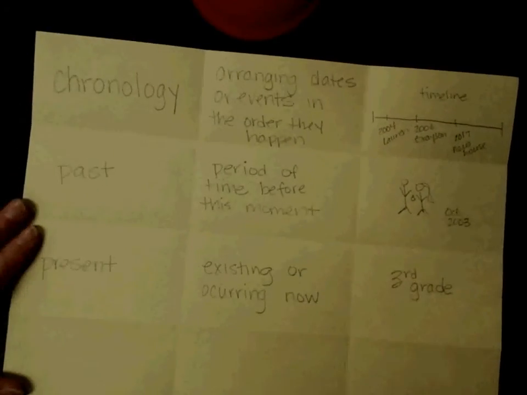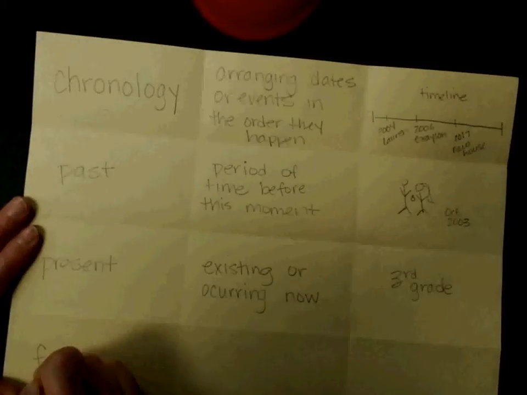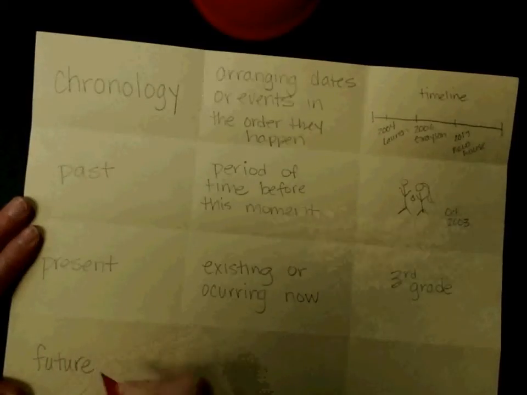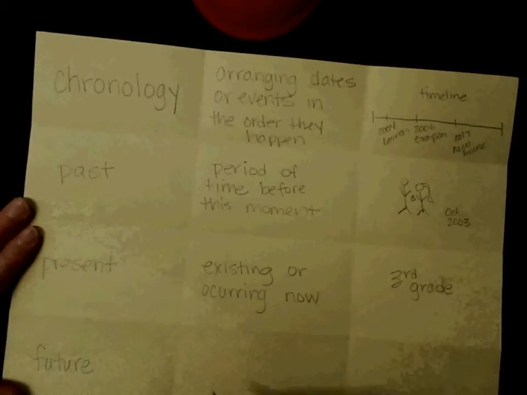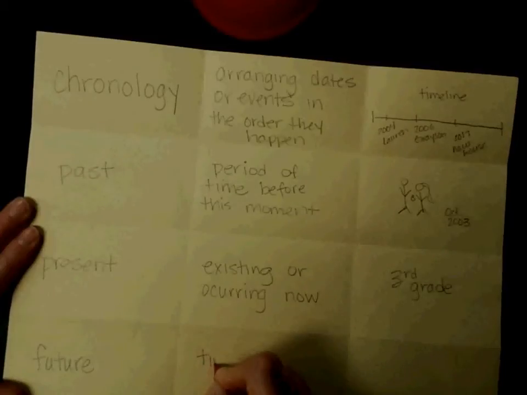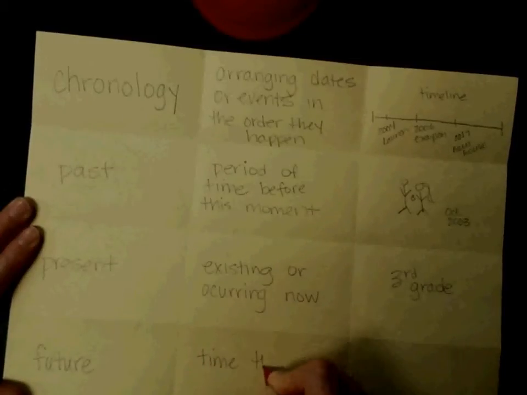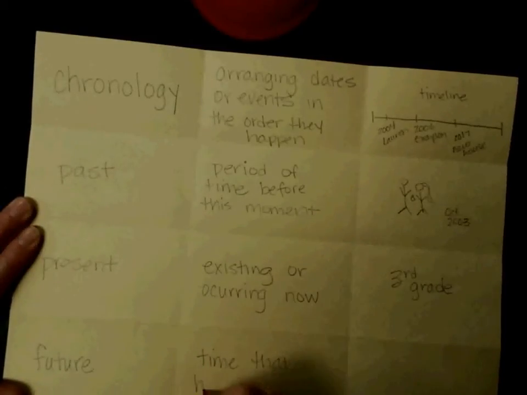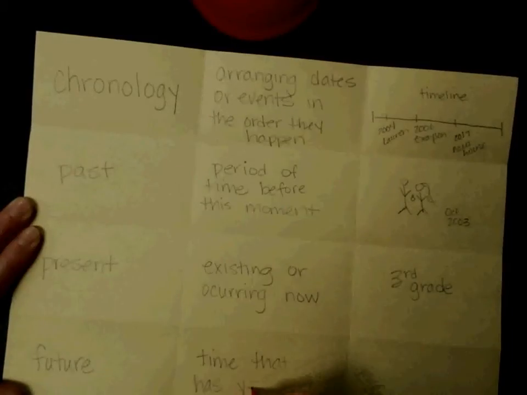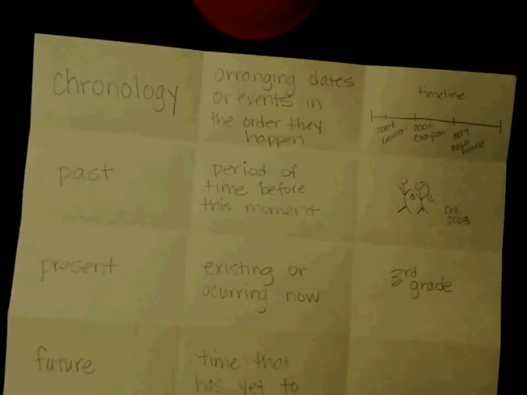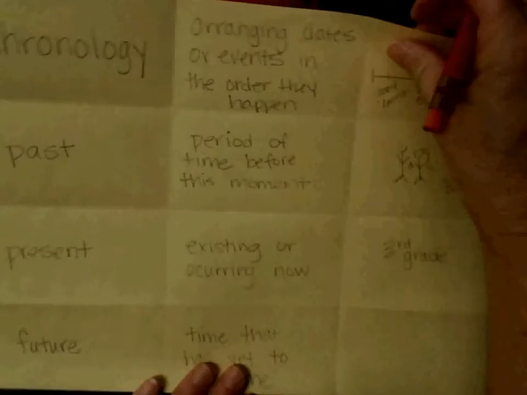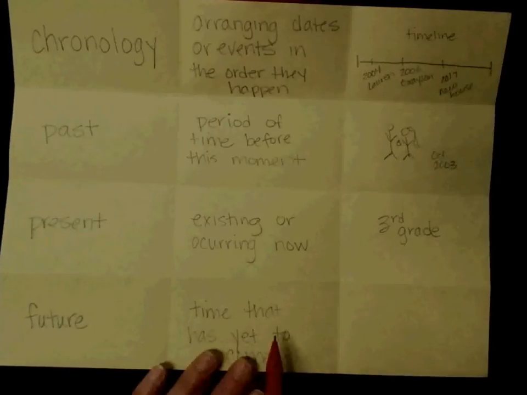And maybe you can guess our last one. Our last one is future. Time that has yet to come. So anything that has not happened yet, oops, sorry, let me move this.